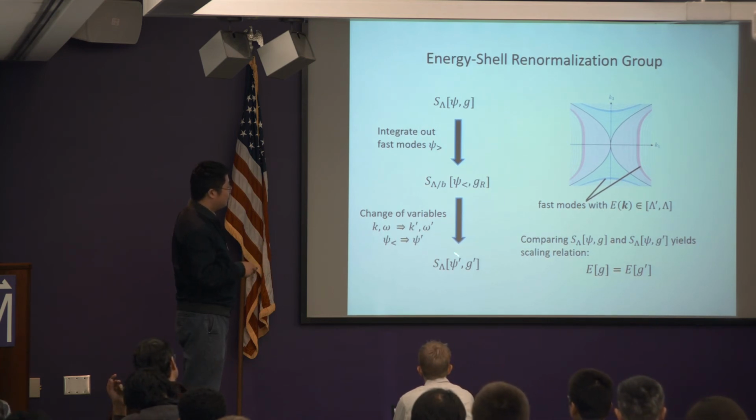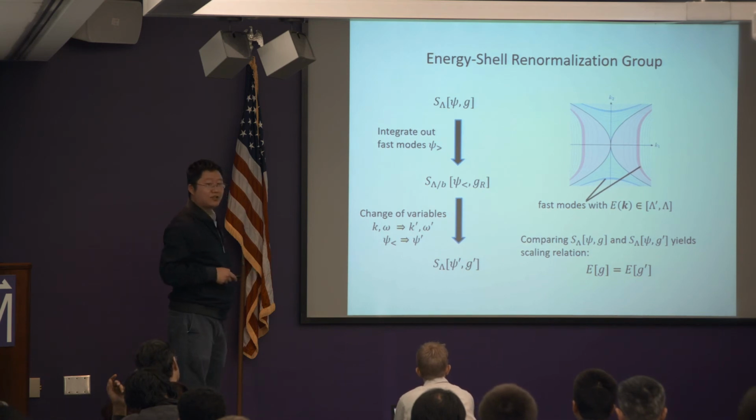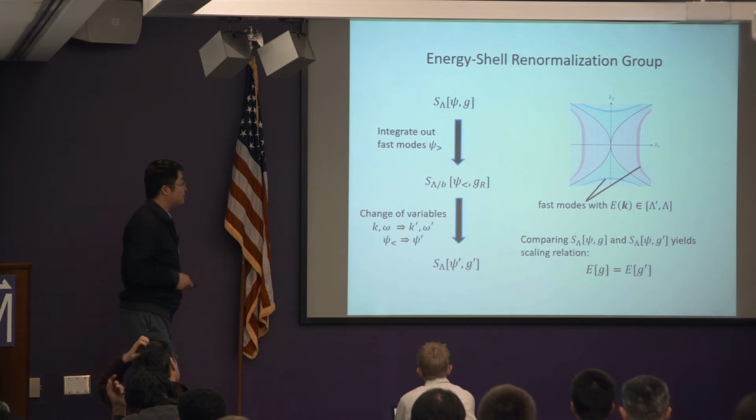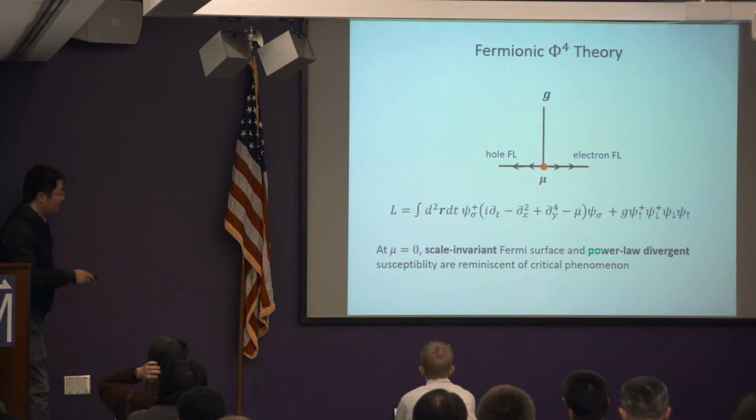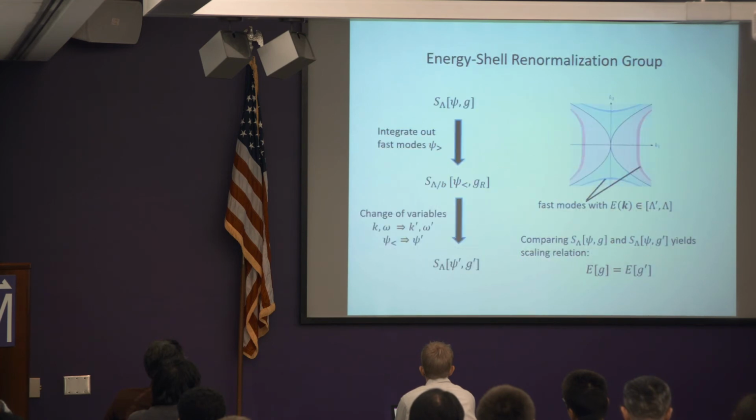After this process, the parameters will have changed, and we keep track of the flow of these parameters as we keep doing this. So this is very much like the case of the phi-four theory, right, for Wilson-Fisher theory. And I want to emphasize that again.